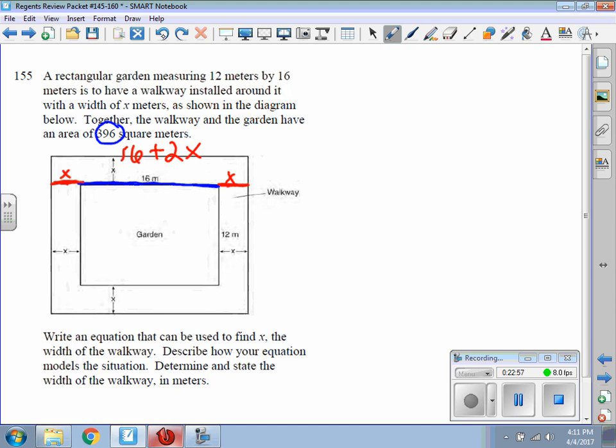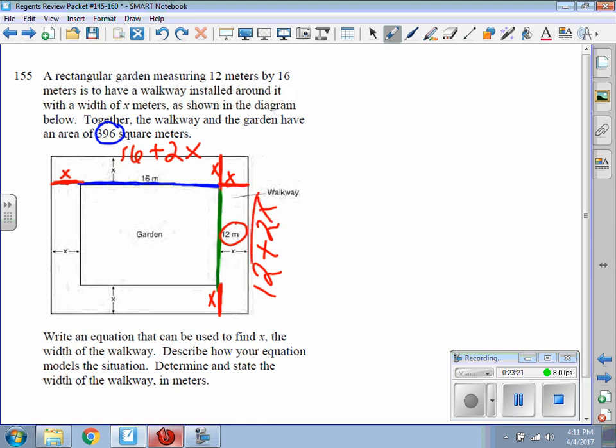I'm going to do the same thing for the width. If I've got a width over here of 12, I would be adding a walkway on one side of it and a walkway on the other side of it. There's two x's and a 12. 12 plus 2x. So this side over here, 12 plus 2x.